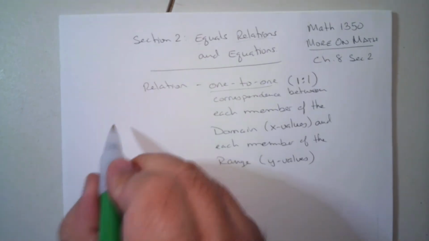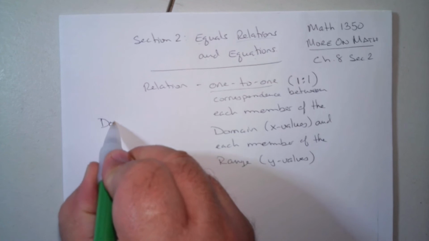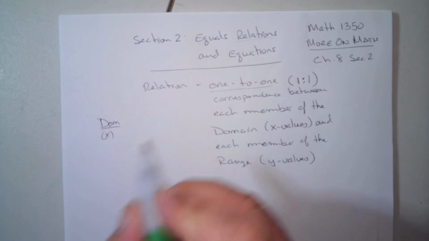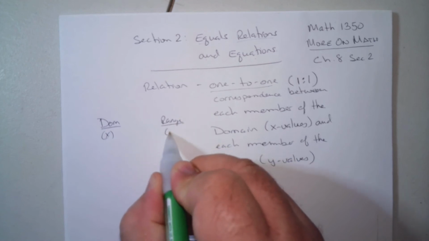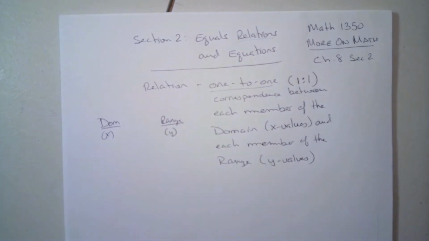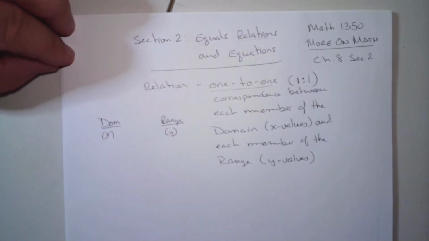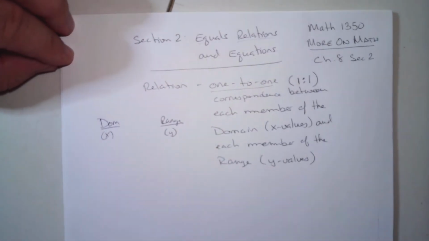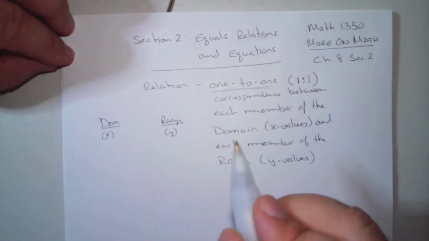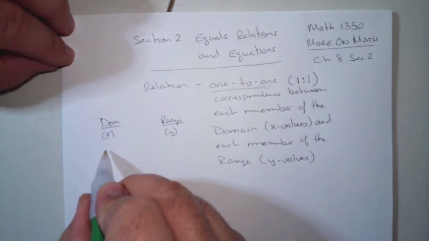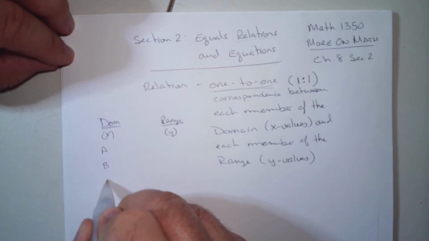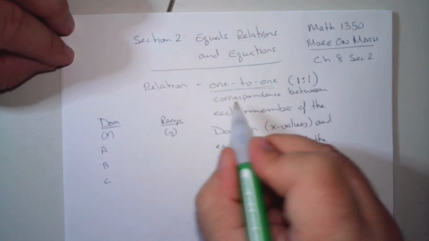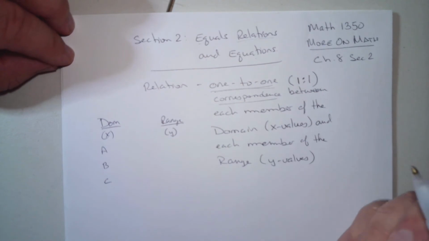Which means this. In my domain, there's my x values, and here's my range. These are my y values. A function exists if it's one-to-one. So for any member in the domain, a correspondence, think of a letter in the mail.